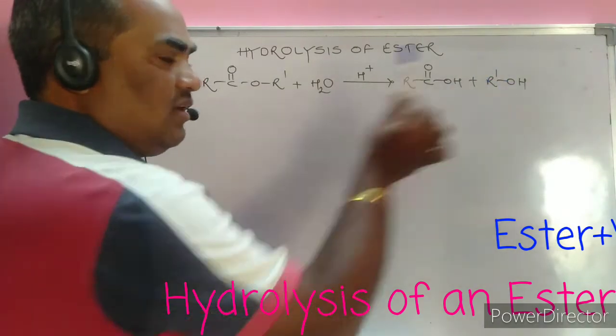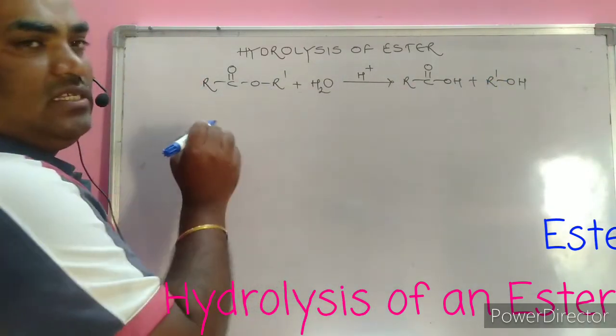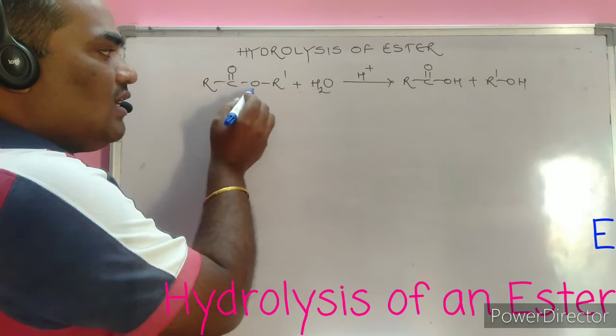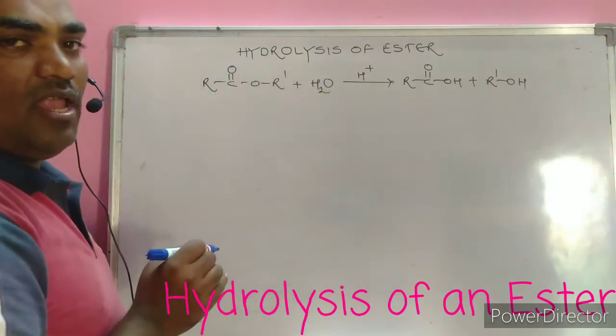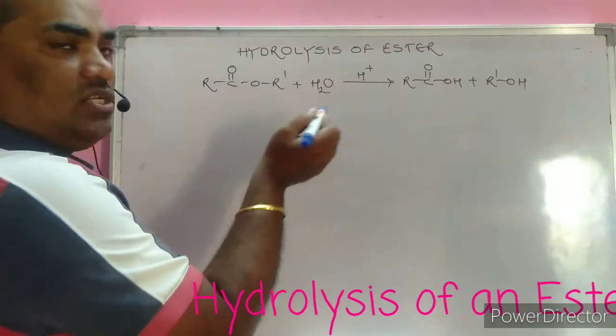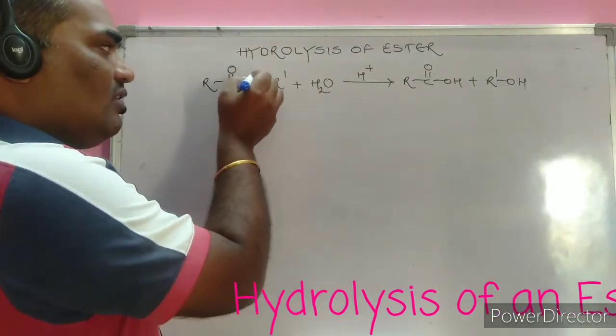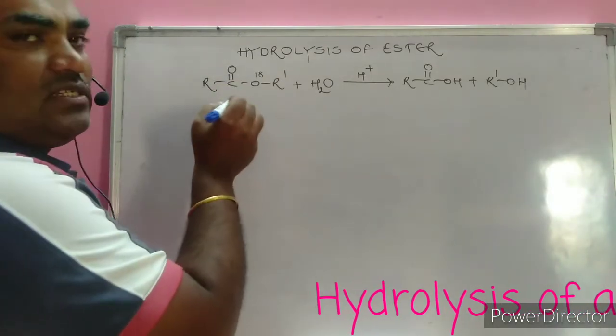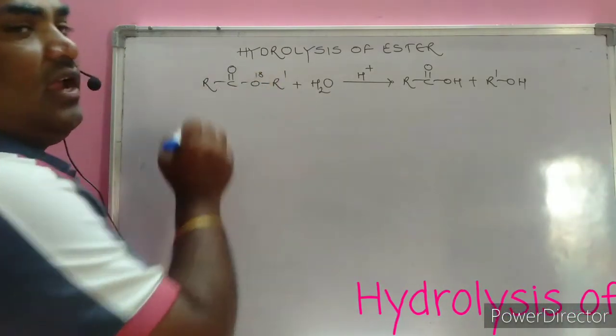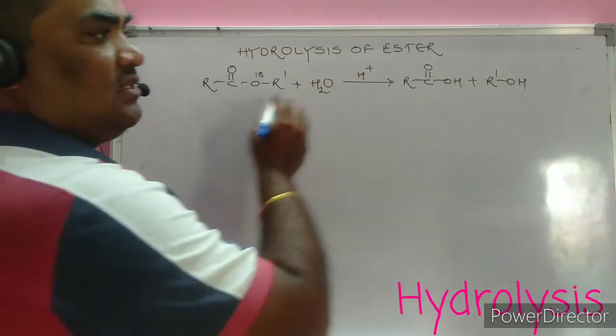Does this alcohol's oxygen atom come from the ester or does it come from the water molecule? That is the important one. To distinguish that, here I am labeling that oxygen atom as isotopic oxygen, that is instead of the 16 atomic weight, here 18 is the atomic weight of the oxygen considered.